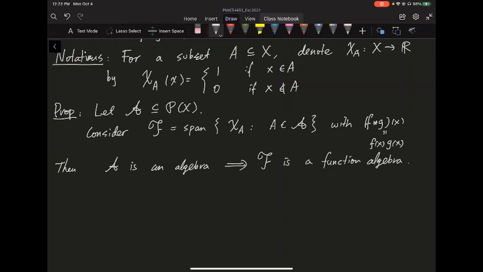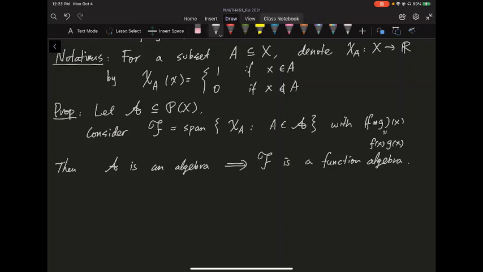So this is the main proposition I would like to prove. Suppose you have a collection of subsets in X, let's call it curly A, and you consider the linear span of those characteristic functions of elements in A. So let's call this F. You equip this F with a multiplication map, where the multiplication is just the pointwise multiplication.